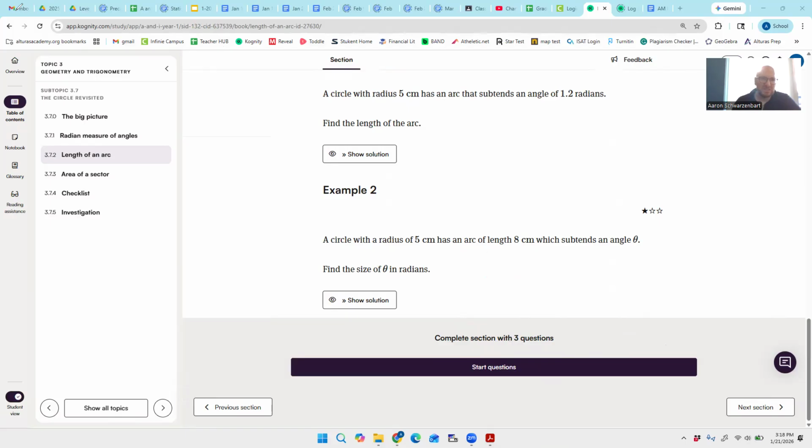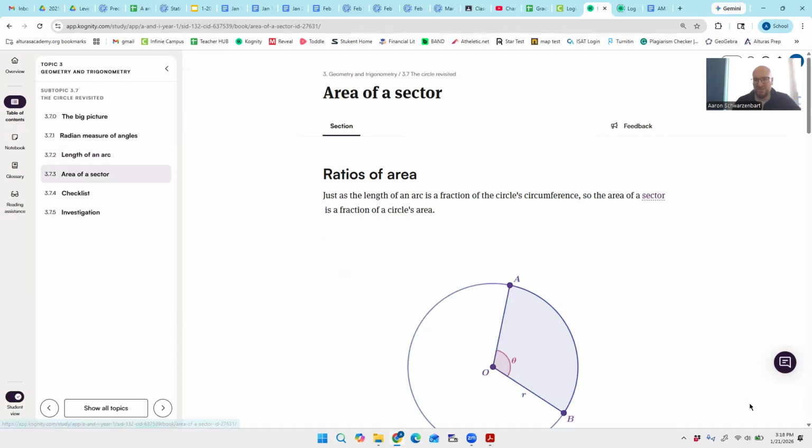Area of a sector. Area of a sector is a fraction of the area of a circle, so I'll develop this formula. Here was your degrees one: X over 360 times area of a circle.